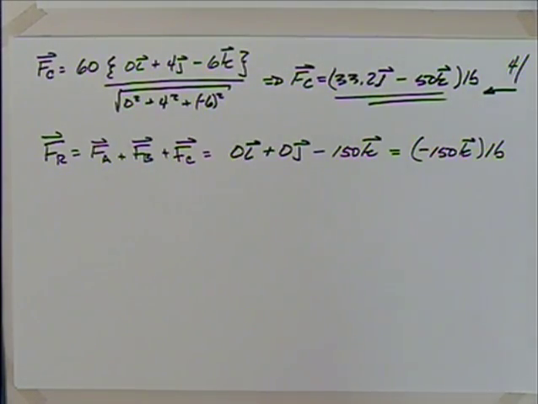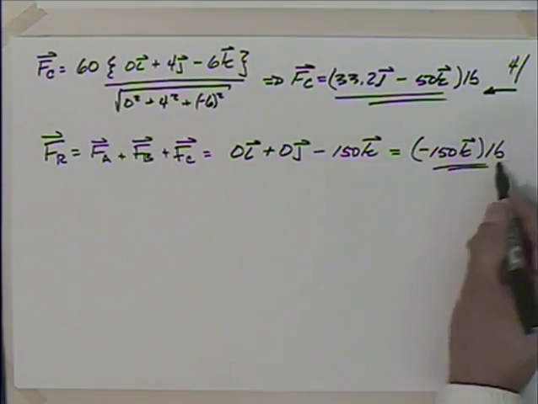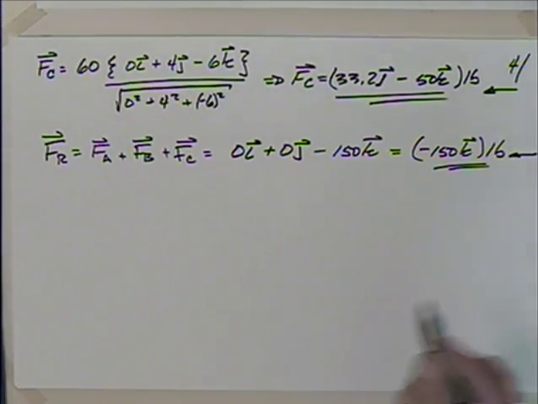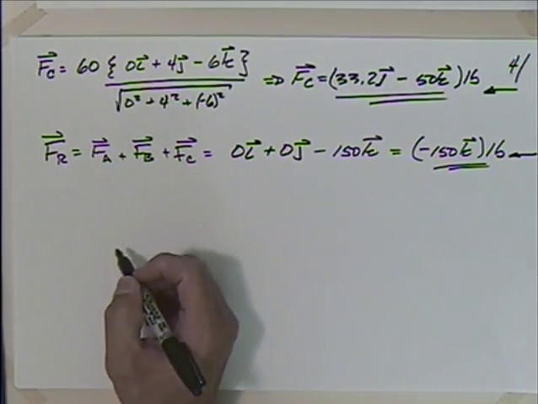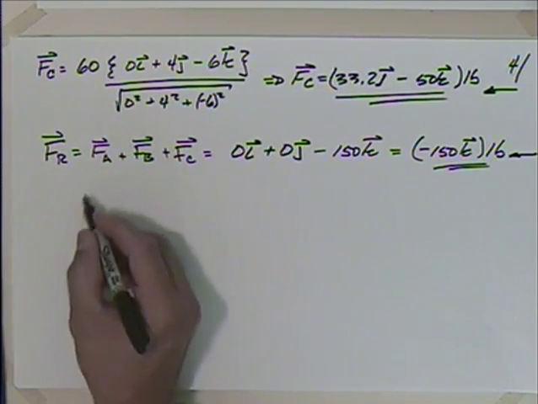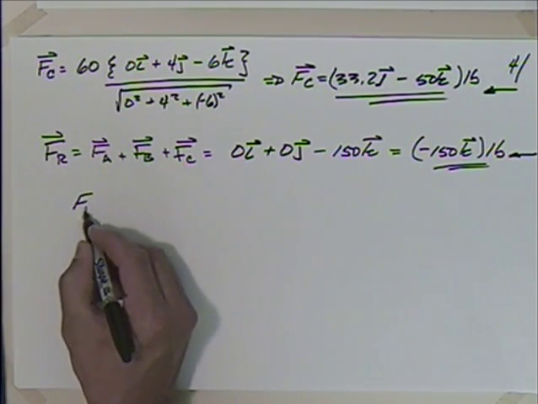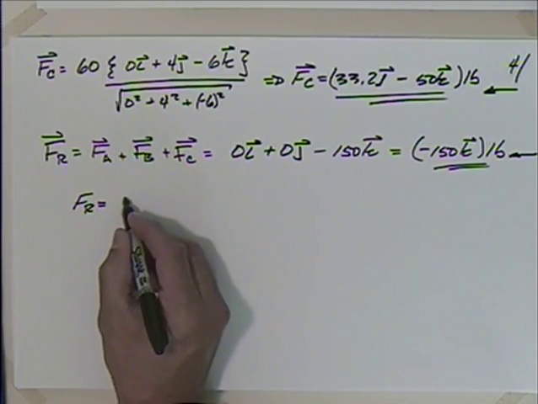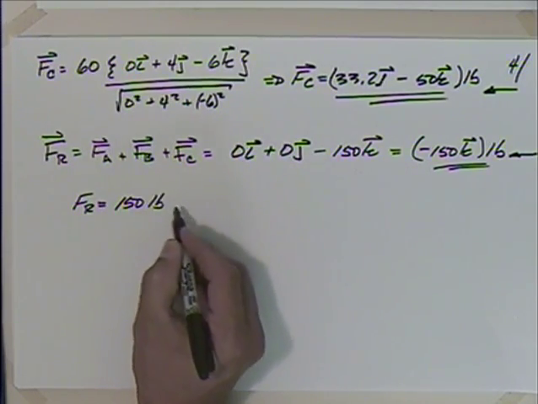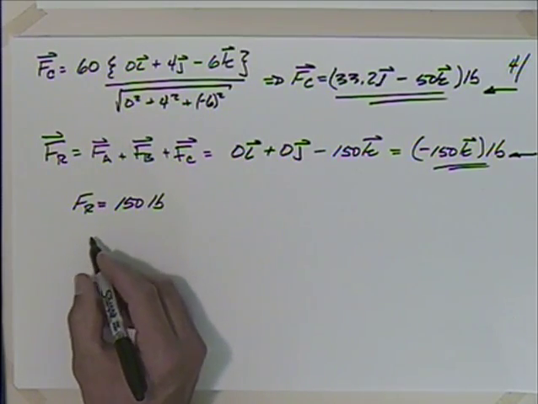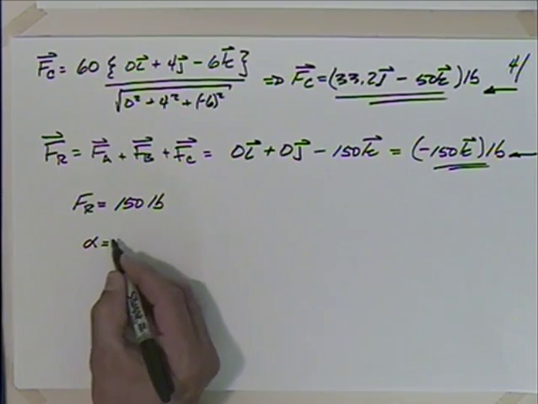If I wanted to put this in magnitude angle form, I mean, this is Cartesian form right now. If I wanted to have it in magnitude angle form, could I come up with alpha, beta, and gamma? Well, the magnitude of this is, of course, just 150 pounds. And then I could say that alpha would be what?